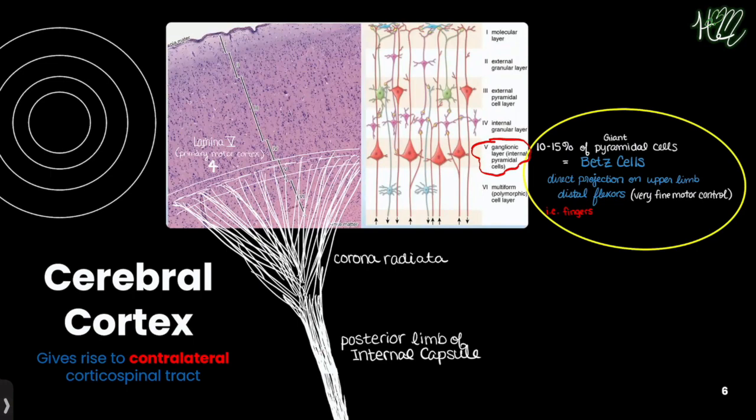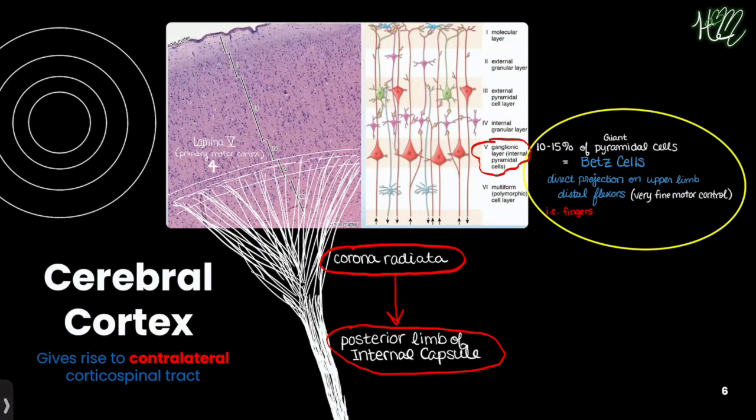So starting in the cerebrum, we are going to send neurons through our corona radiata into the posterior limb of the internal capsule. This part is so important. I have seen so many questions where they ask about the internal capsule and what it does. For the most part, our internal capsule is carrying motor fibers.